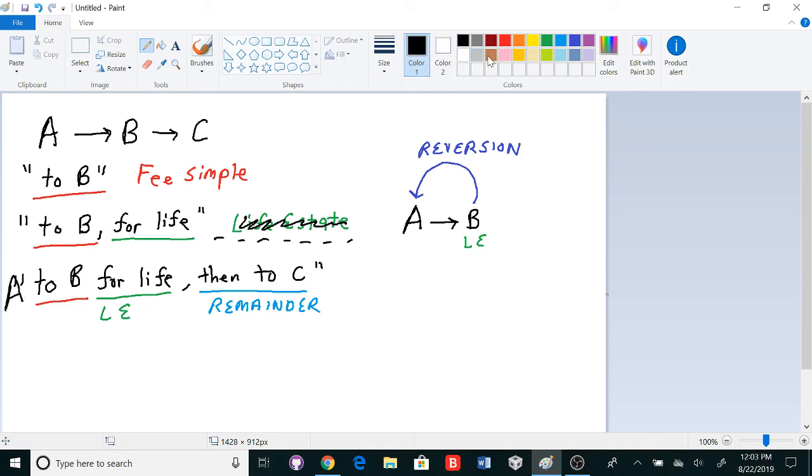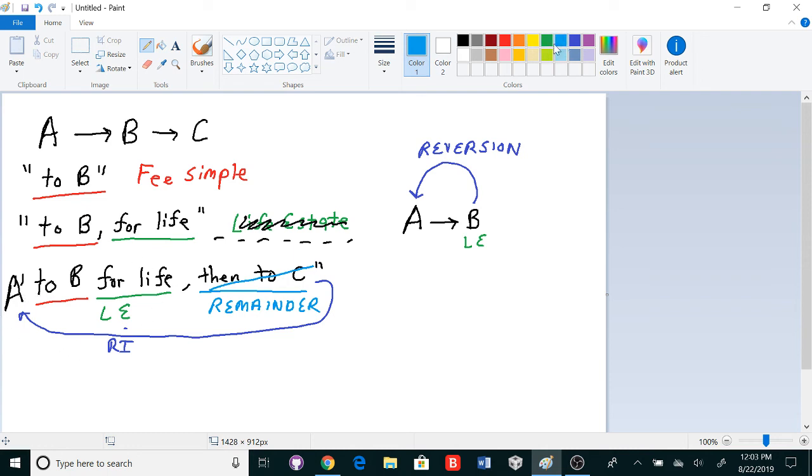A will always have, or A's estate, will always have a reversionary interest, RI, if C's not around. So in a situation where C's not around, well, nothing can go to C. B dies, goes now back to A.